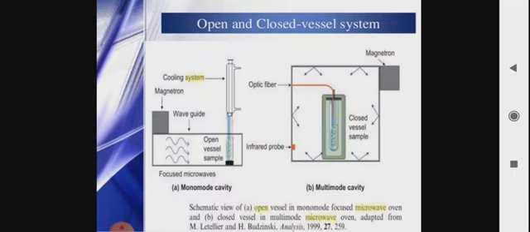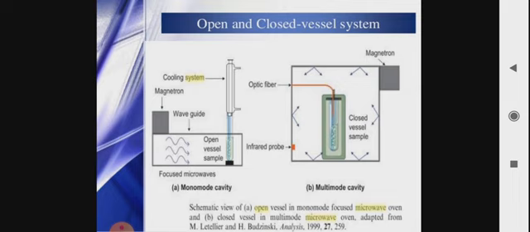So see, these are the pictures or diagrams of open and closed vessel systems. In open system there is no jacket or closed circuit. Cooling system is there, means the condenser, then magnetron, waveguide.